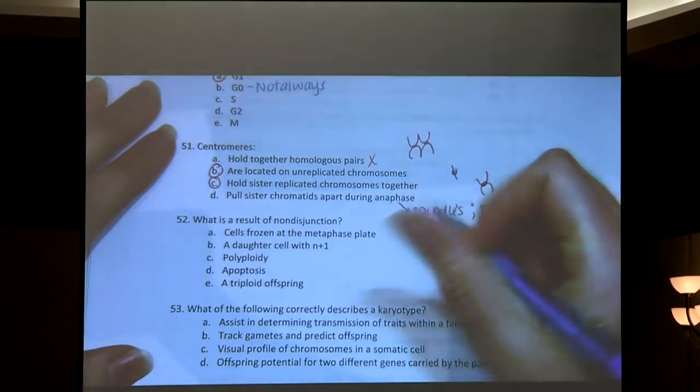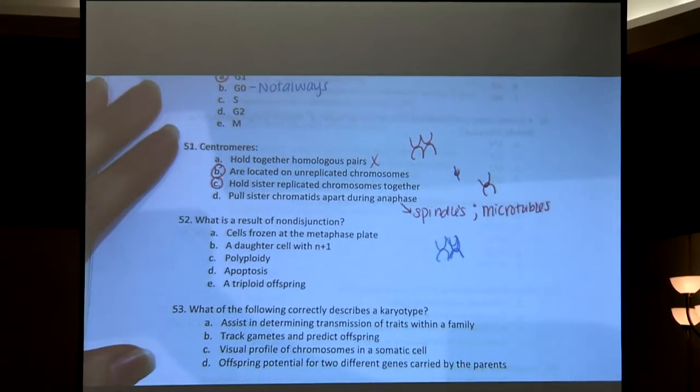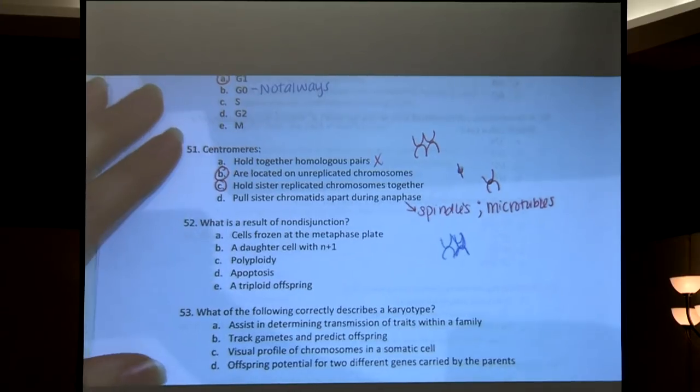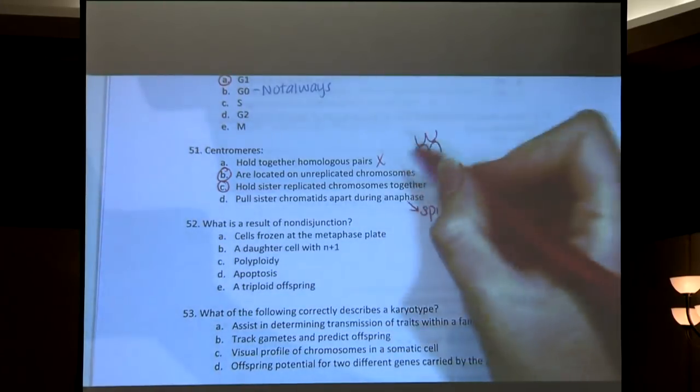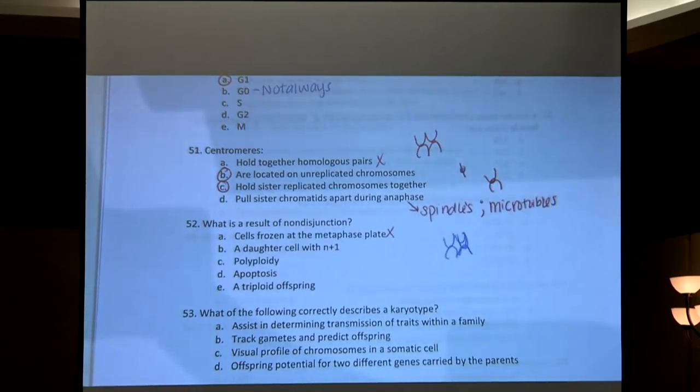So if they don't always get pulled apart, we're going to end up with non-disjunction, okay? So in the case of non-disjunction, are cells frozen at the metaphase plate? What do you think? No, they're not frozen at the metaphase plate. We're going to continue with division, okay?